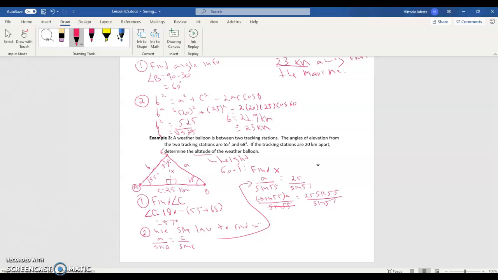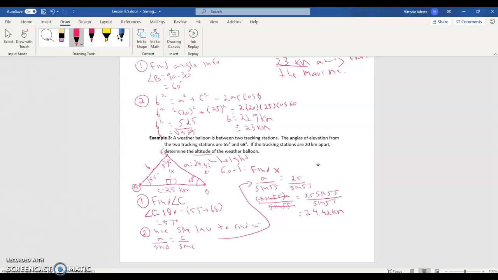I can cross sine 55 out here and here. And I get that A is equal to, so let's do sine 55 equals, divided by sine 57 equals, times 25. And I get 24.42 kilometers.